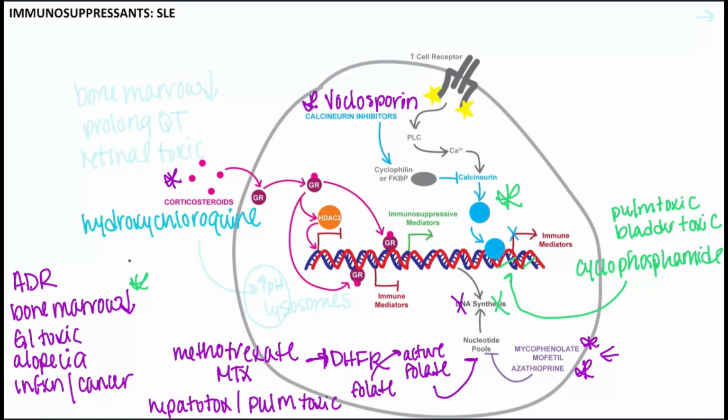So the precise mechanism by which hydroxychloroquine exhibits activity is not completely understood, but it is thought that hydroxychloroquine, which is a weak base, exerts its effect by concentrating in lysosomes, altering lysosomal pH to where it inhibits the activity of many enzymes so that antigen processing and presentation is impaired, as well as just general cellular functions relying on the lysosomes is impaired with hydroxychloroquine treatment.